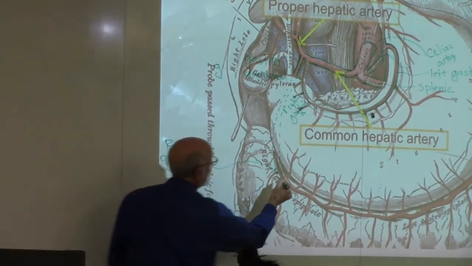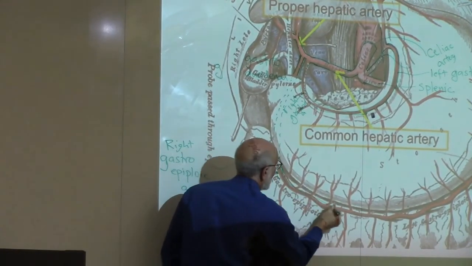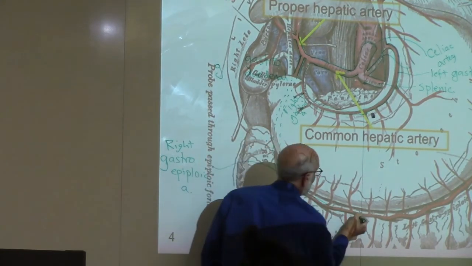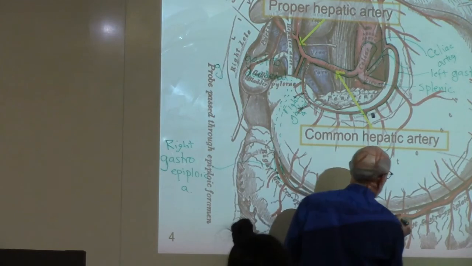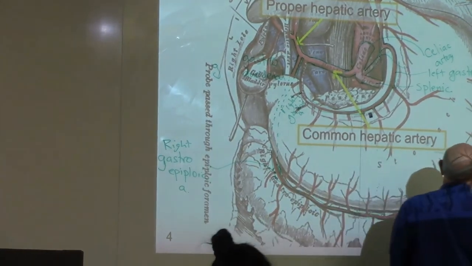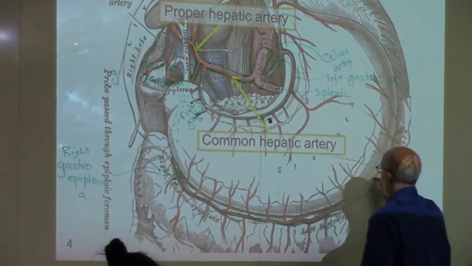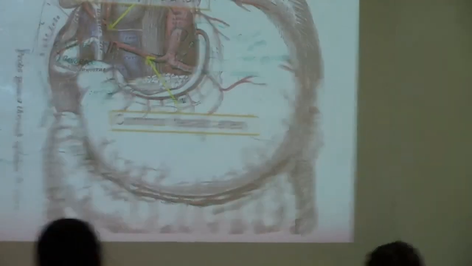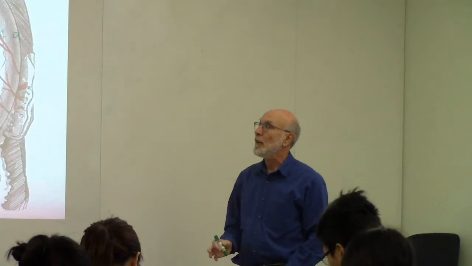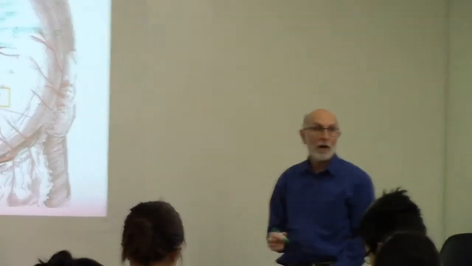And it's feeding the greater curvature of the stomach. Okay? So the greater curvature of the stomach on the right side is fed by the right gastroepiploic artery.